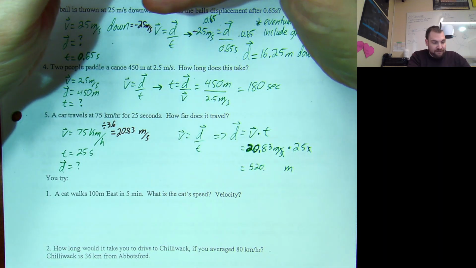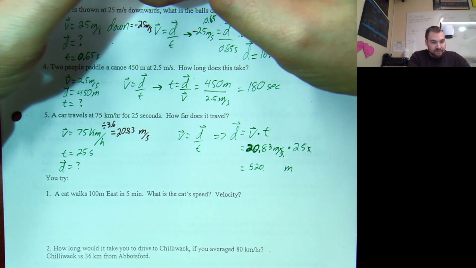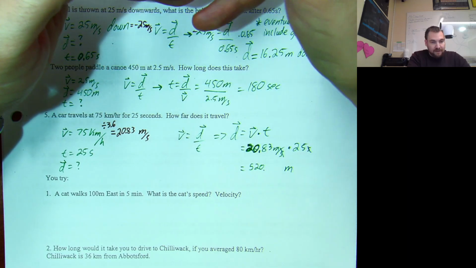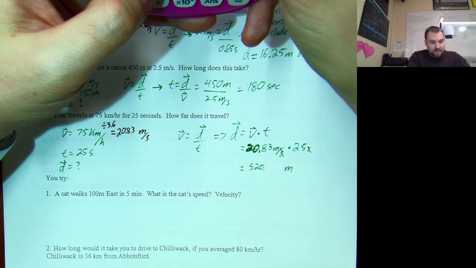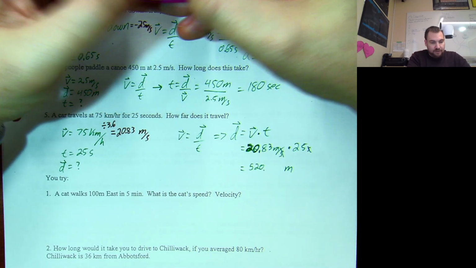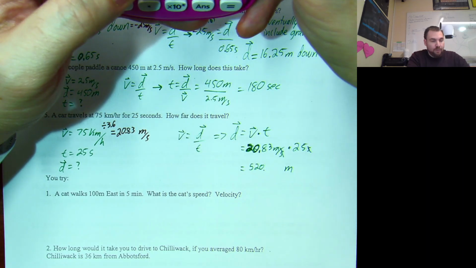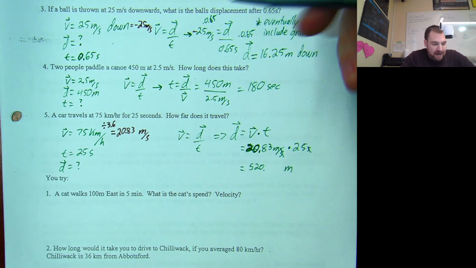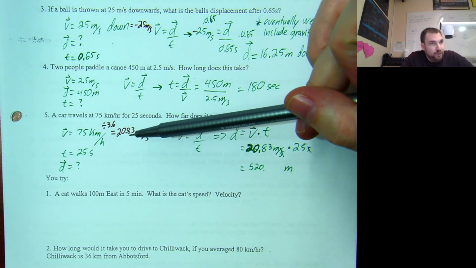Or did I round it? 75 divided by 3.6 times 25. 520.83, is that what you got? 20.83 times 25. Cool. So you've got to be careful how you go about these things.